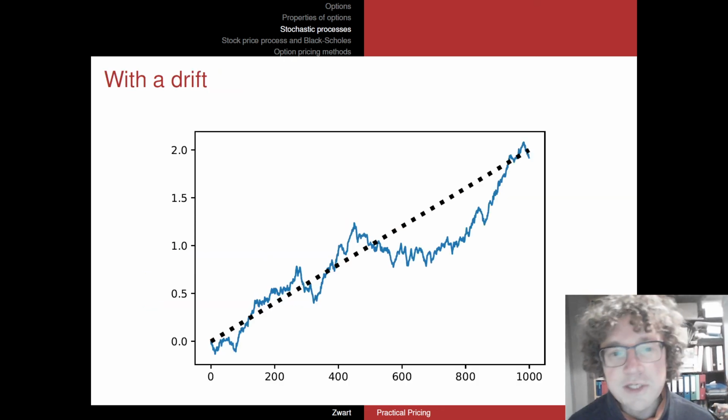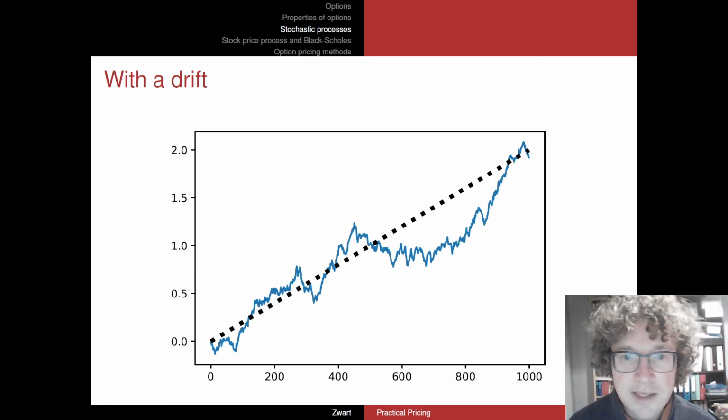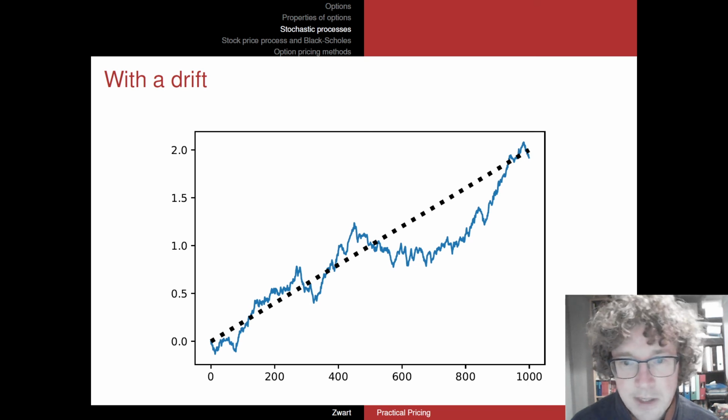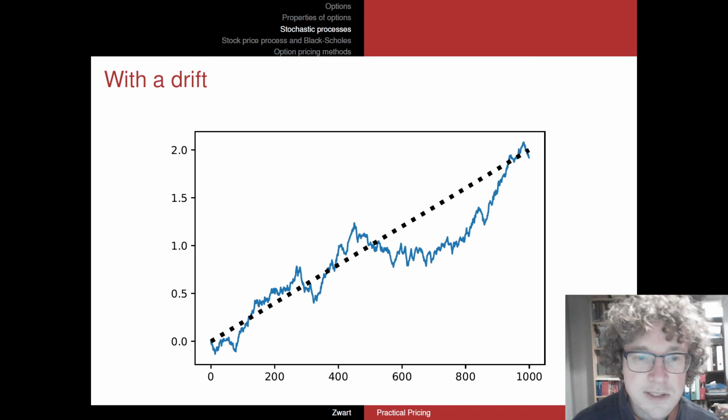And here you see a picture of that. The dotted line is the deterministic motion. We start at position 0 in this case, and you see that as time grows to the right, from 0 to 1000, slowly this random variable is moving up until it reaches on average the value of 2 after 1000 time steps. But the blue line incorporates also these random fluctuations.